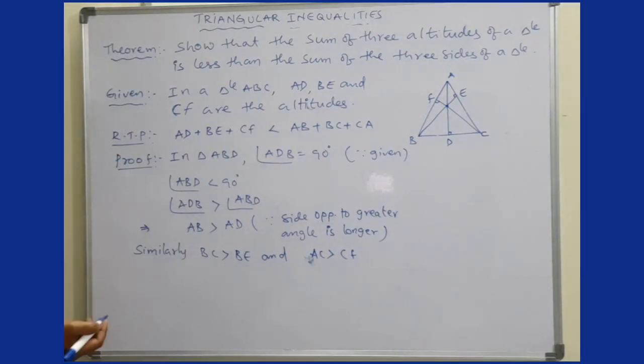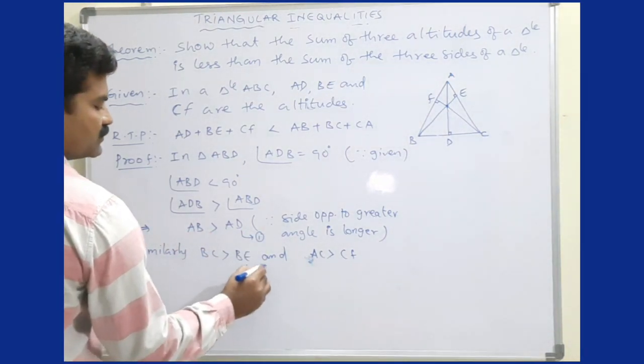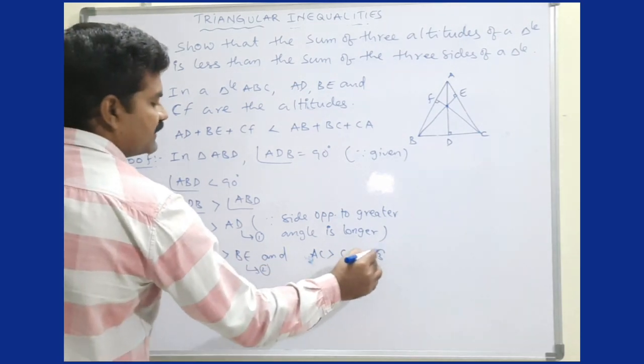Okay. So now, using all these relations, suppose this is relation 1, let it be 2, and now let it be 3.